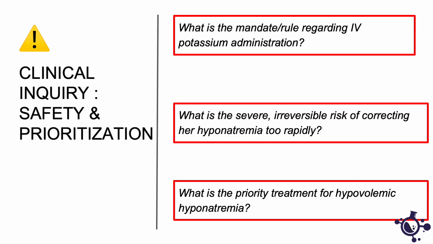Okay. Now, why must the nurse monitor Miss Gertrude's sodium correction very carefully? Because giving the 0.9% normal saline will probably correct her sodium level as well. What is the risk of correcting hyponatremia too rapidly?